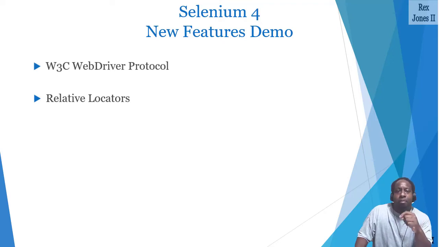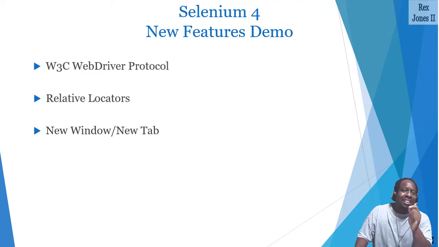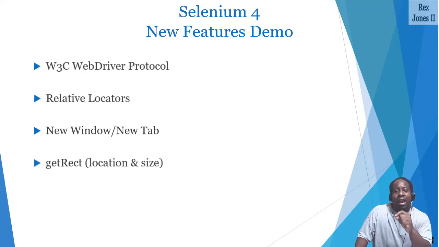Next, I will demo how to handle a window by switching to a new window and by switching to a new tab. Then take a look at getRect. getRect was implemented as a combination of getLocation and getSize. We will also take a screenshot of a WebElement.